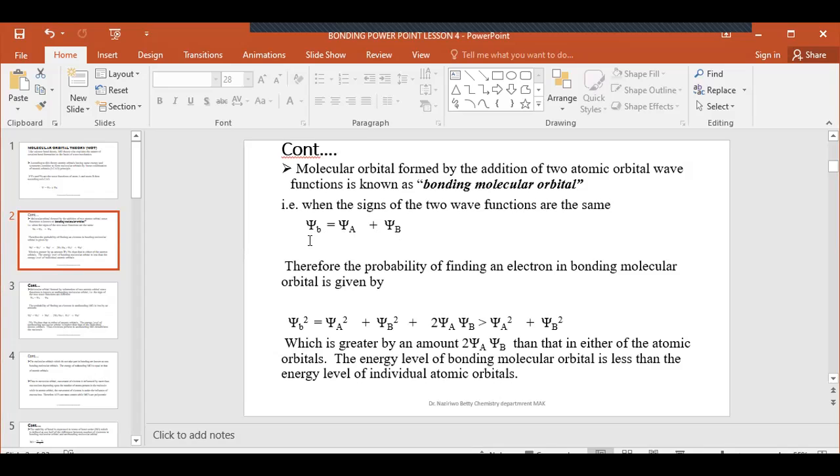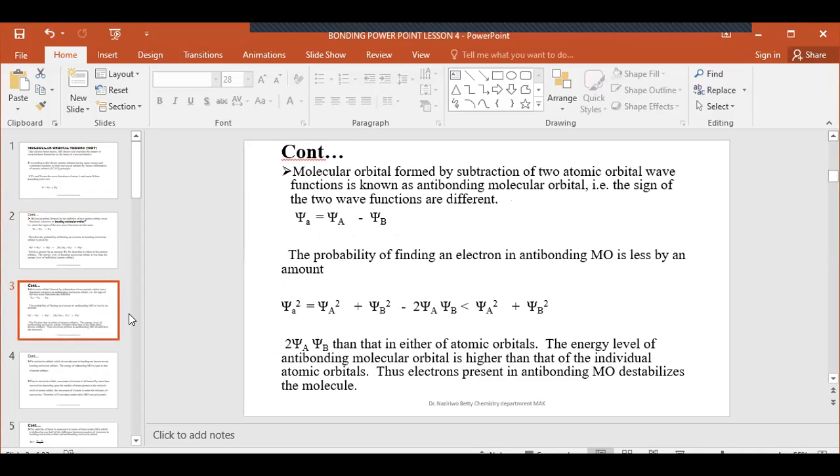Therefore, the probability of finding an electron in the bonding molecular orbital is greater by an amount of 2 phi A times phi B than that in either of the atomic orbitals. The energy level of the bonding molecular orbital is less than that of the individual atomic orbitals, as we shall see in the slides that we are going to view.